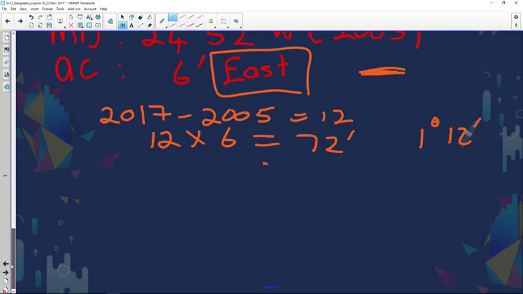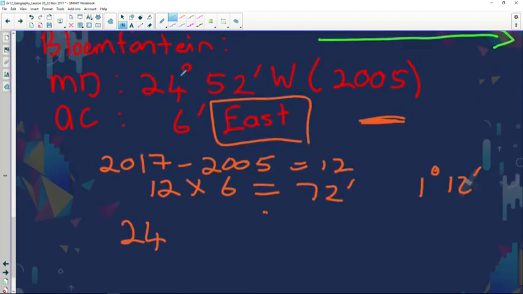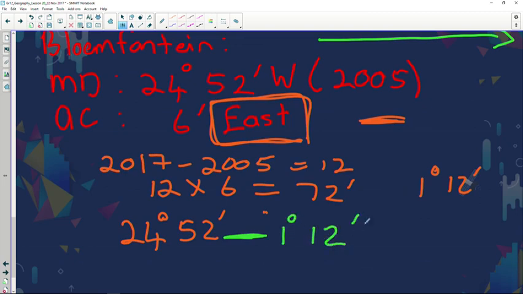Now very importantly, we take the magnetic declination for the map that was 24 degrees, 52 minutes, and because it moved east, we're going to subtract 1 degree and 12 minutes, because the annual change moved in an easterly direction.